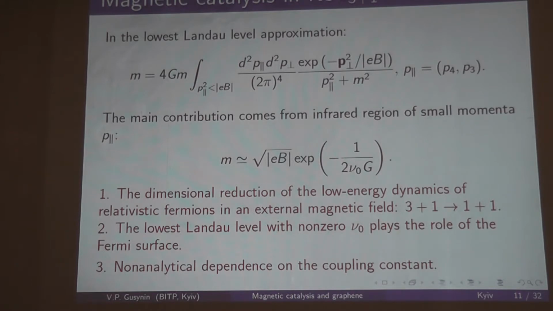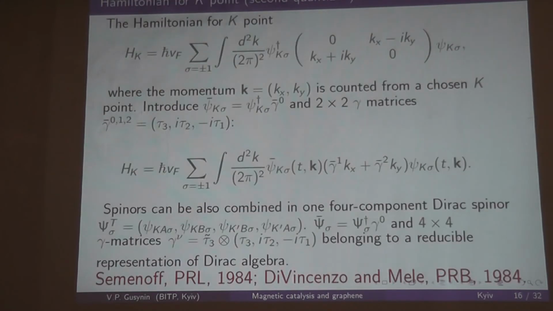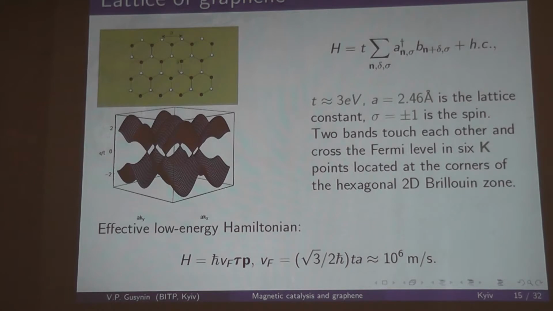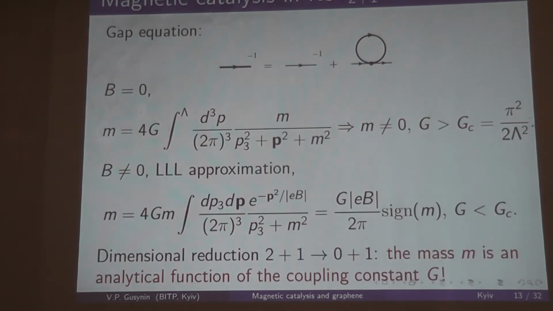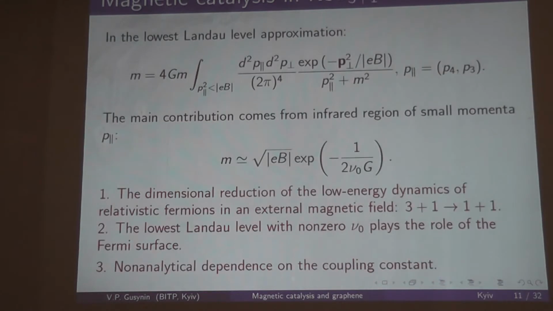The second lesson from this is the very essential role of the lowest Landau level, and non-analytical dependence on the coupling constant. The latter depends on the dimensionality of the model which we consider.